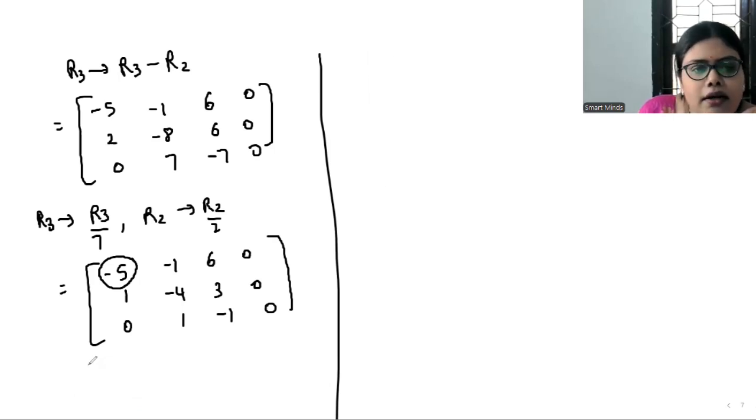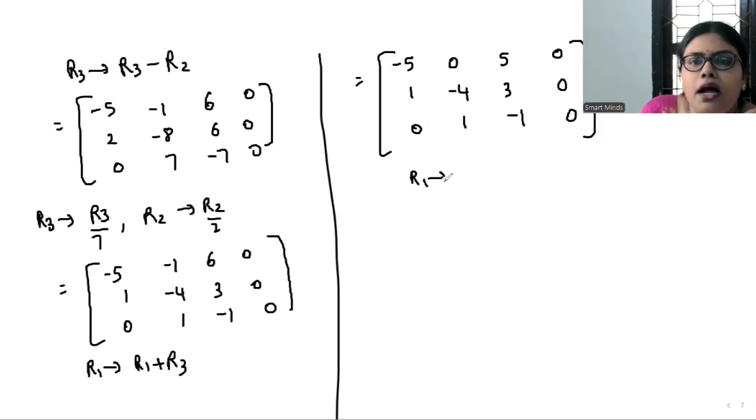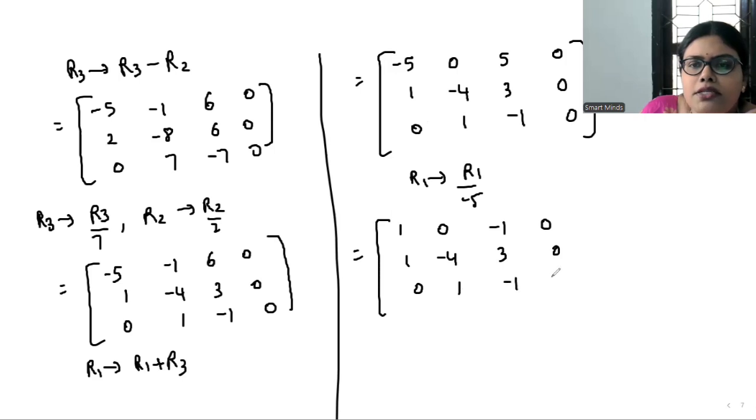I will take R1 plus R3 first, so you will get [-5, 0, 5, 0]. Now in the first row both the elements are 5, so when you divide you will not get any fraction. That is the main reason for doing this. Now you can take R1 is R1 by minus 5, so you will get [1, 0, -1 | 0], then [1, -4, 3 | 0], [0, 1, -1 | 0]. Got it?